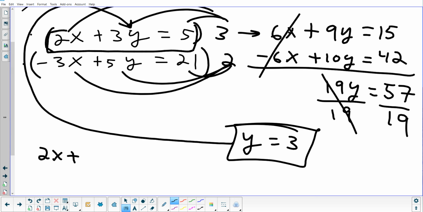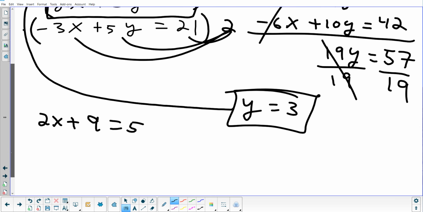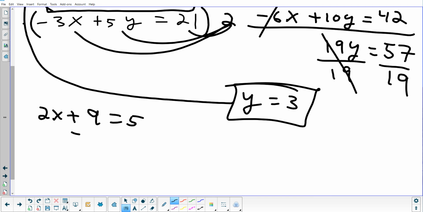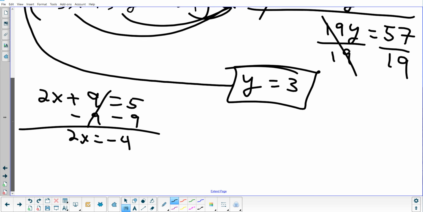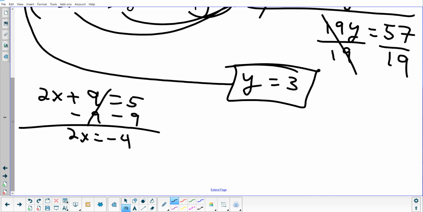And what did you just figure out y is? 3. So fill that into the equation I just put a box around. 2x plus how much? 9. So 2x plus 9 equals 5. And now solve for x. So we're going to minus the 9. So 2x equals negative 4. Which means x is negative 2.